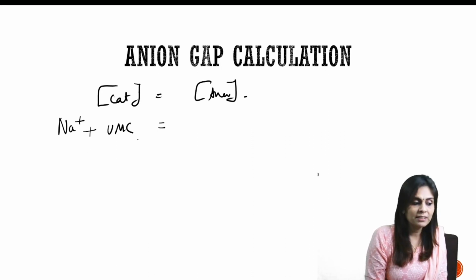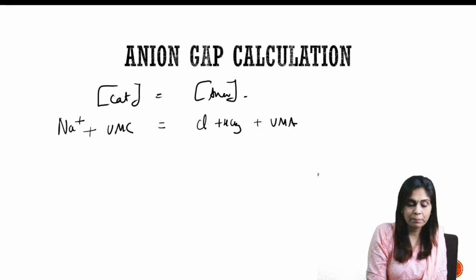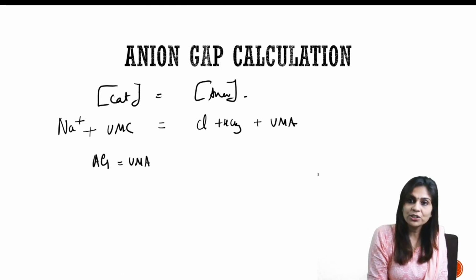So sodium plus unmeasured cation is equal to, what are the anions of our blood? Chloride is an anion, bicarbonate is an anion, plus unmeasured anions. Now what is anion gap? Anion gap is defined as a difference between unmeasured anion and unmeasured cation. So can we try to rearrange this?